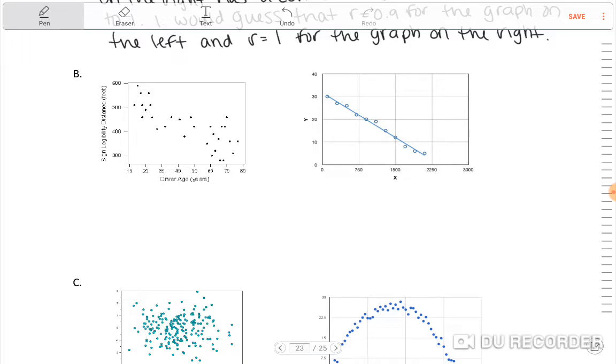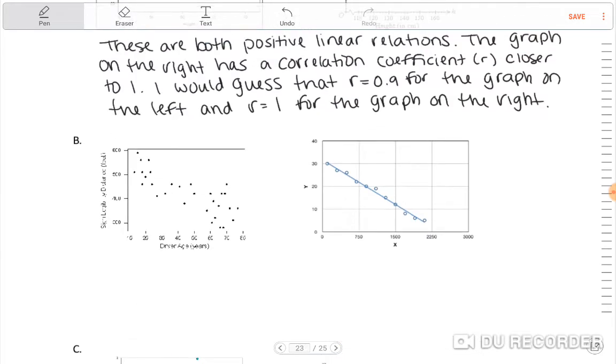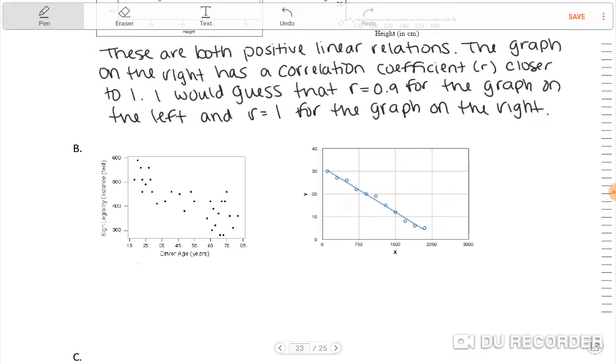So if I had to make some statements here, perhaps, these are both negative linear relations.